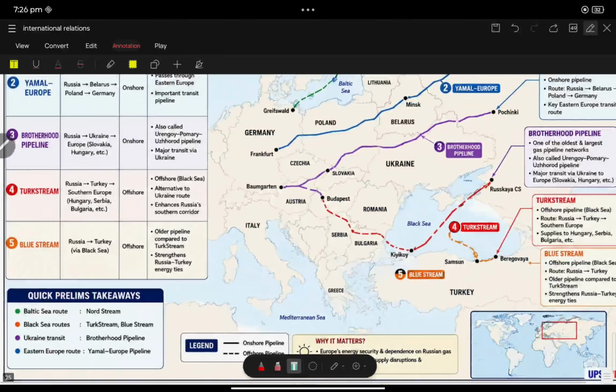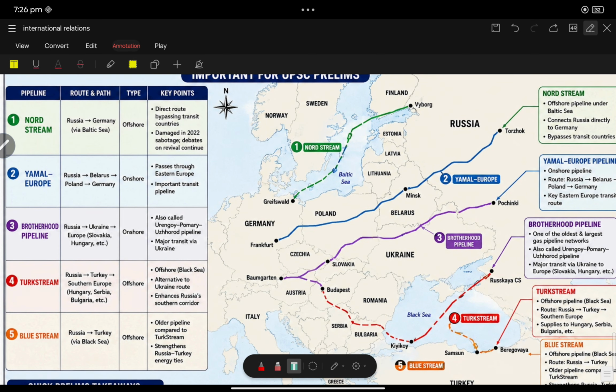First, Nord Stream, Russia to Germany. Nord Stream is an offshore pipeline under the Baltic Sea.